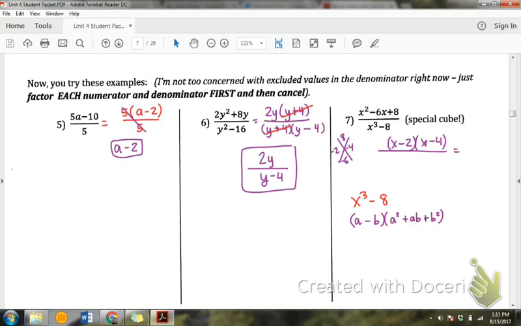So the cube root of x cubed is x. The cube root of 8 is what? 2. So that becomes your a and your b.